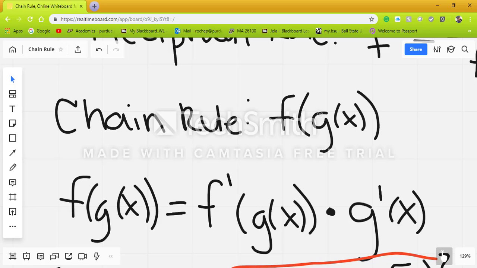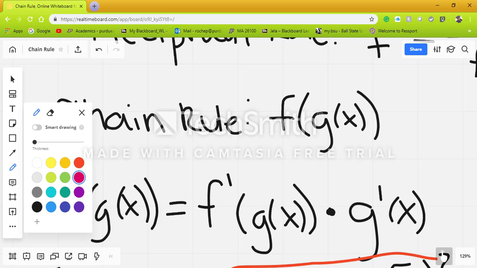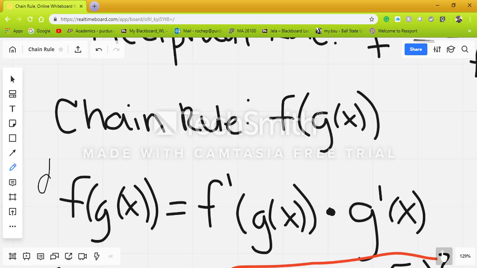So the derivative of f of g of x equals f prime of g of x times g prime of x. So basically you derive the outside function. In this case, the outside function is f, times the inside function, and then all of that times the derivative of the inside function.